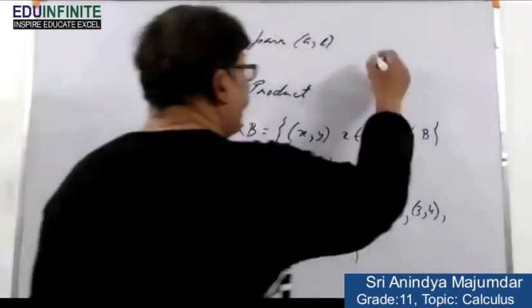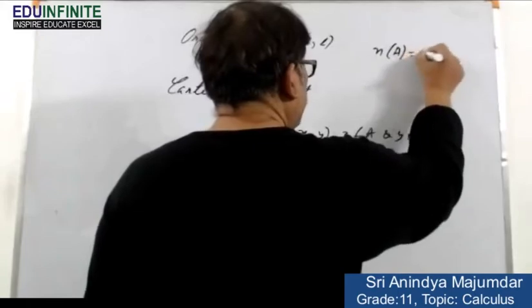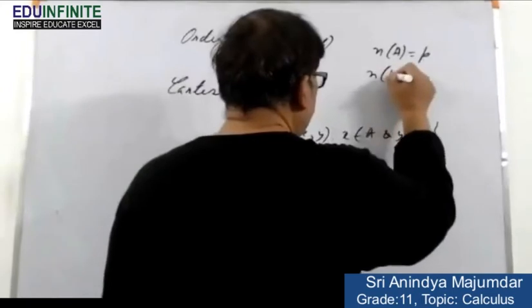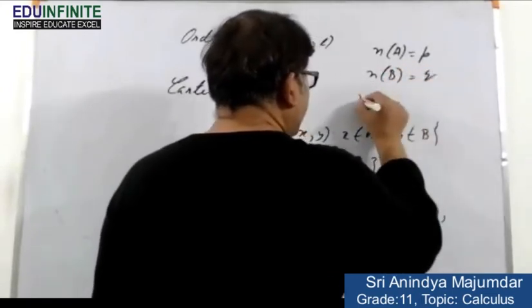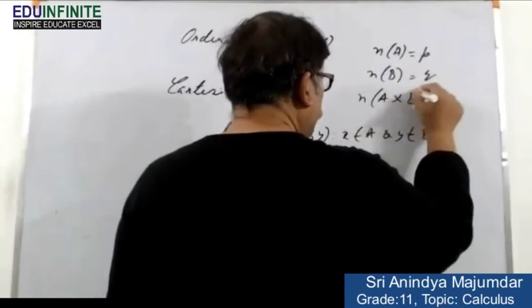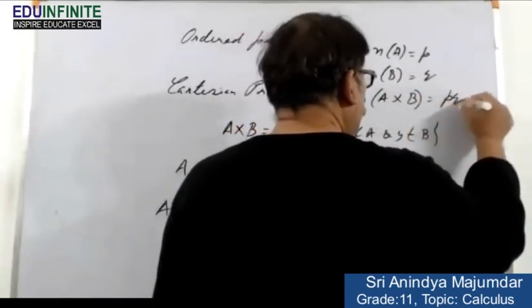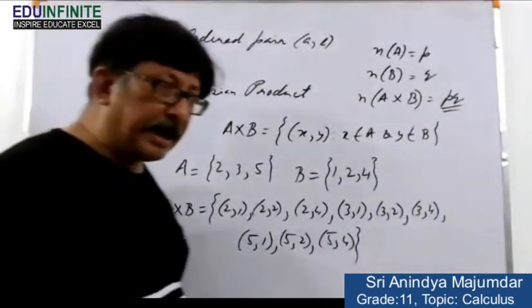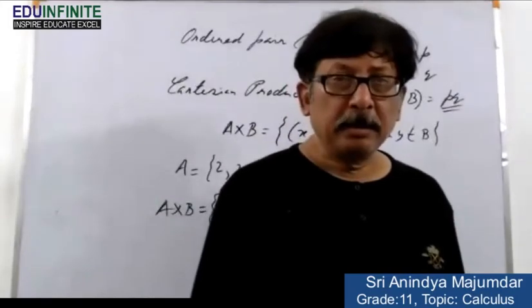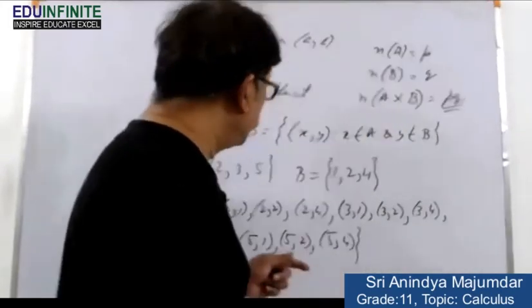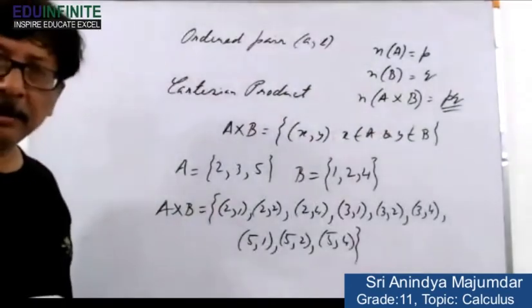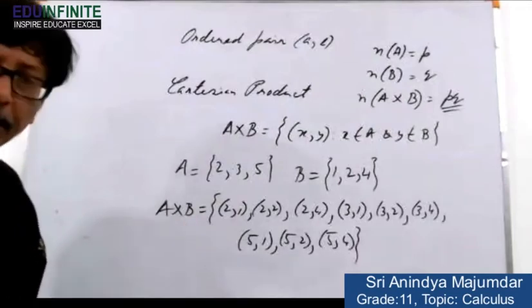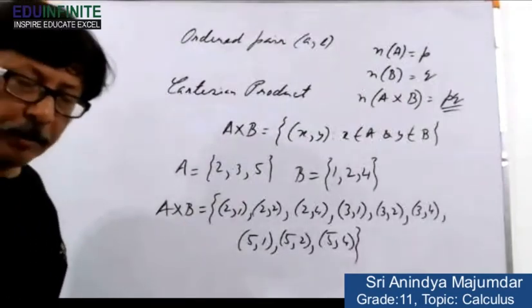So, if n of A, the cardinal number of elements, be P, and n of B is equal to Q, then n of A cross B will be P into Q. Now, can you tell me whether this operation, the Cartesian product of A and B, is commutative or not?